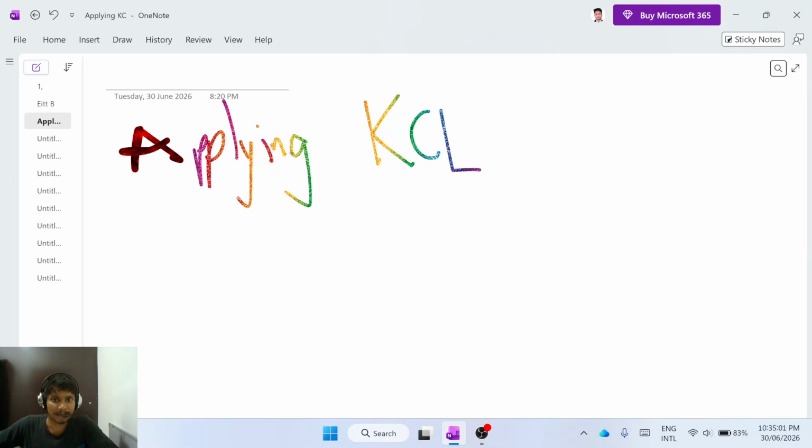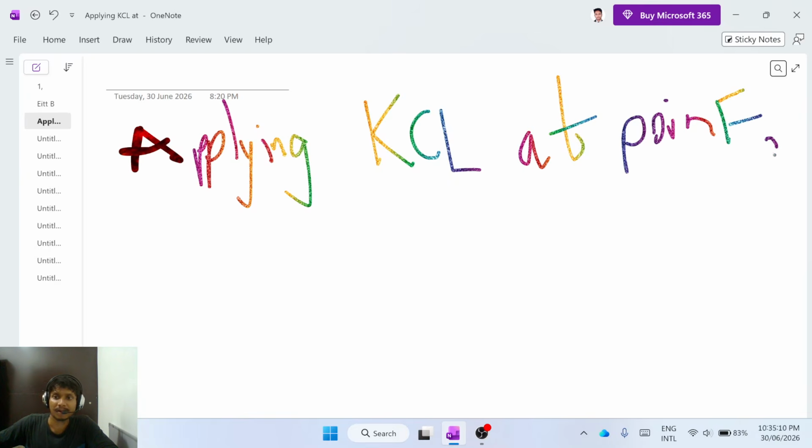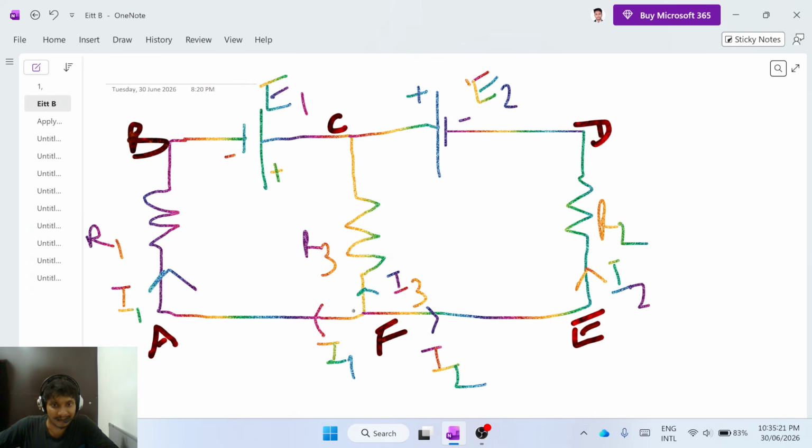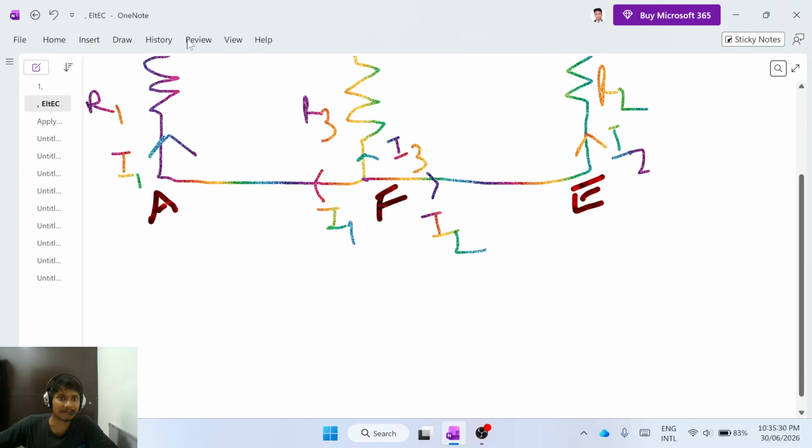Applying KCL at point F. Why are we going to apply KCL at point F? Because at this point we know all the currents: I1, I3, I2.